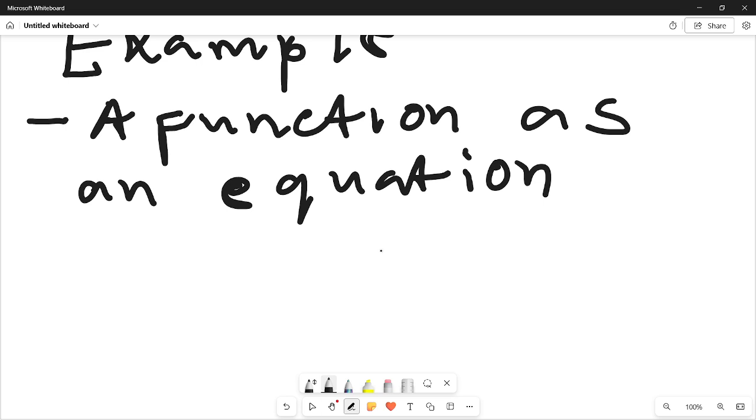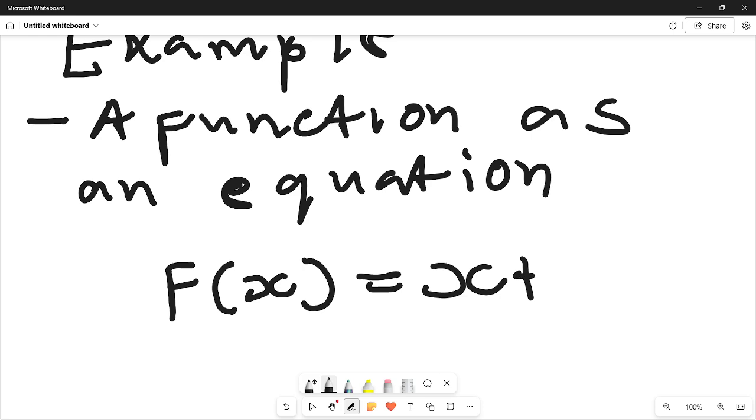We write this as f of x equal to x plus 3. It is read as f of x equal to x plus 3.